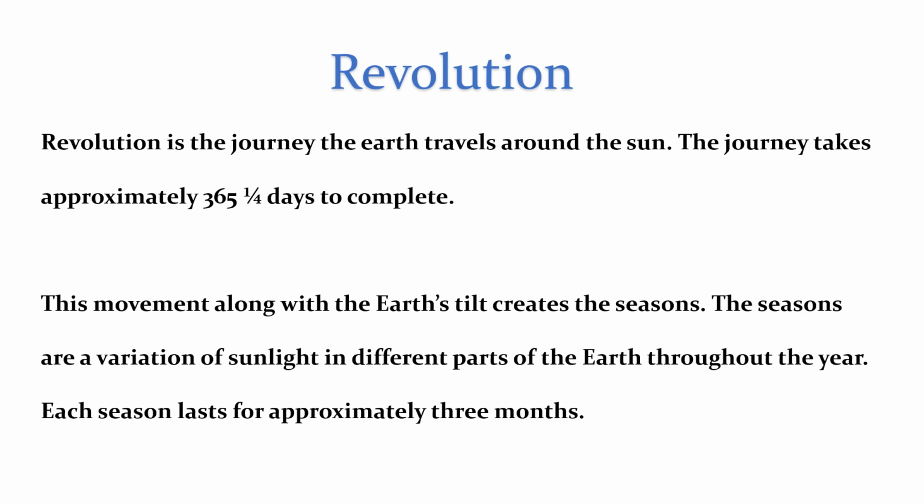So because of the Earth's journey around the Sun, along with its axis tilting, it affects the amount of sunlight both hemispheres receive, and this is what we call the seasons.